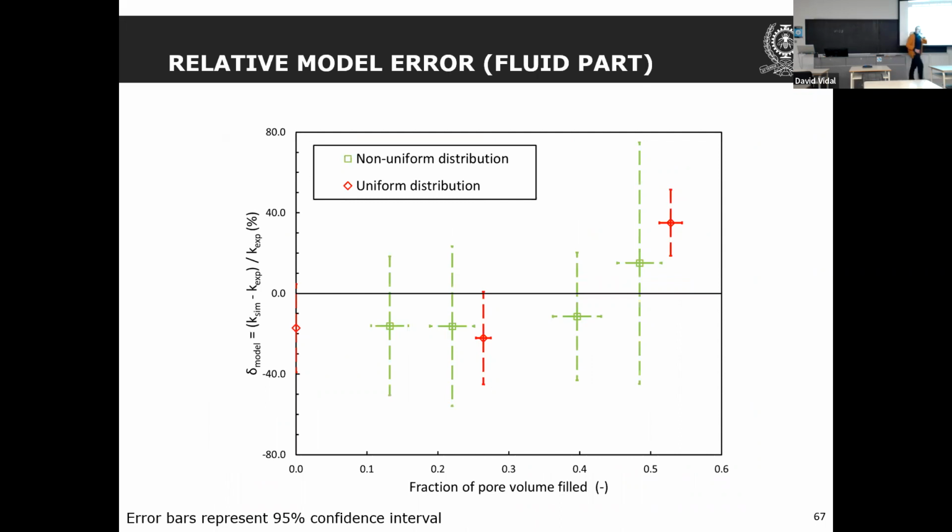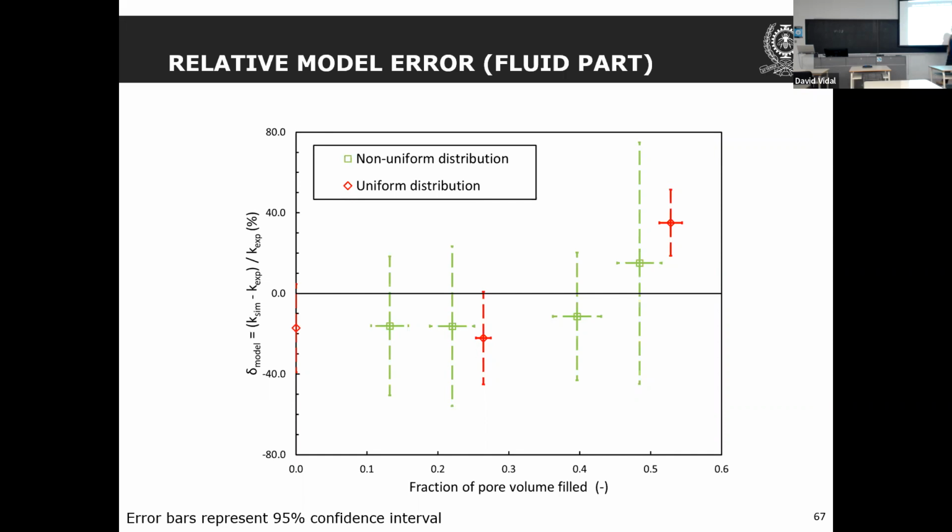So this is the relative error of the model. What you see is that most data points have about 20% discrepancy between the simulation and the experiments, but all the uncertainty bars are crossing the 0 line, except for this point.